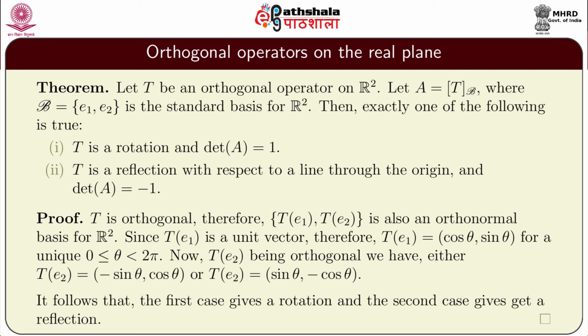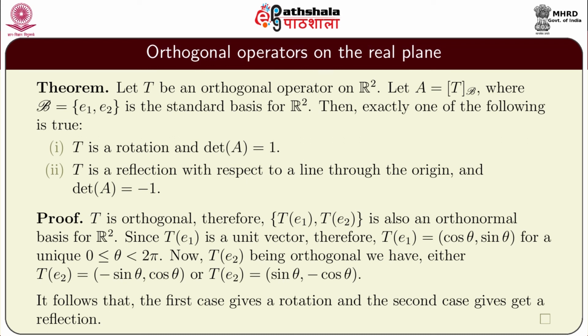Proof: T is orthogonal, therefore the set containing Te1, Te2 is also an orthonormal basis for R2. Now since Te1 is a unit vector, we have Te1 is equal to cosine theta comma sine theta for a unique theta which is greater than or equal to 0 and less than 2 pi.